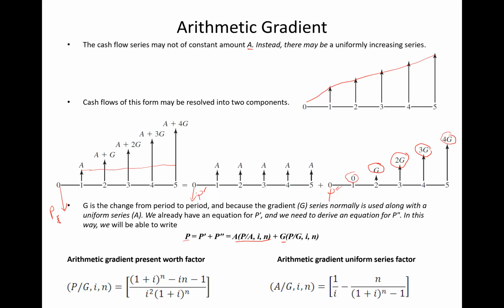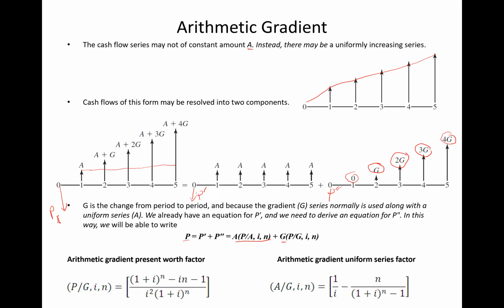So, arithmetic gradient present worth: the factor P given G, I, N is (1 plus I) to the power of N minus I times N minus 1, divided by I squared times (1 plus I) to the power of N. And the arithmetic gradient uniform factor, A given G, I, N, is 1 over I minus N over (1 plus I) to the power of N minus 1.